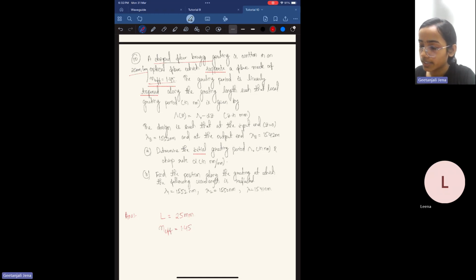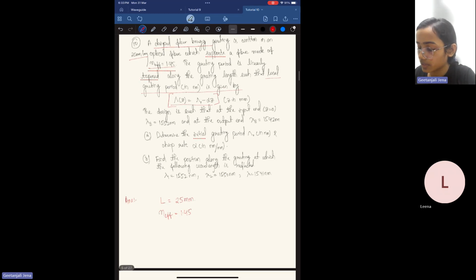The grating period is linearly tapered along the grating length such that the local grating period in nanometer is given by this expression. In this fiber Bragg grating, the period is changing along the length of the fiber. This is lambda 0 minus alpha z, where z is in millimeter.